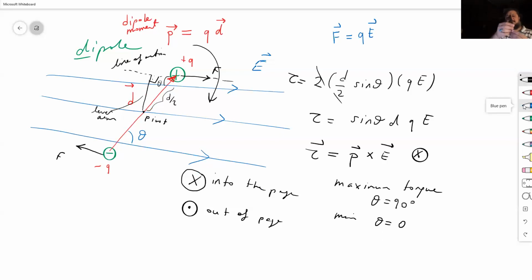But what happens if you try this with real materials, charges, toothpicks, and the electric field, is that it's going to rotate, but it's not going to stop at the electric field. It already has momentum, right? Angular momentum. It's going to continue. It's going to slow down, come back, oscillate.